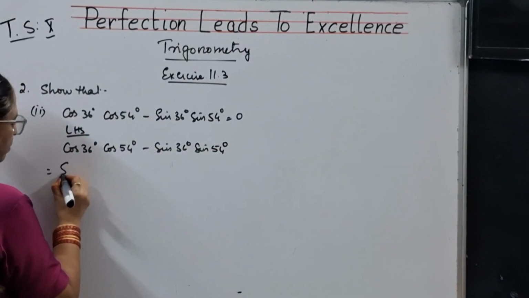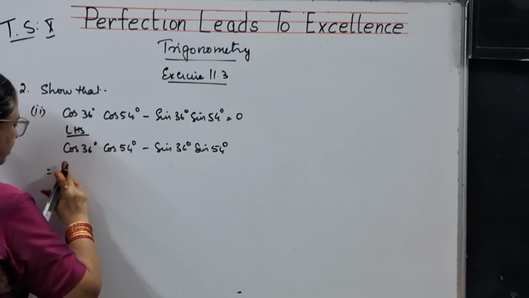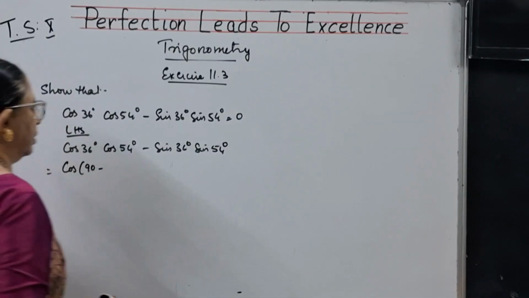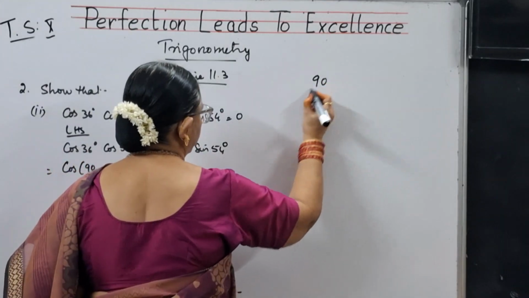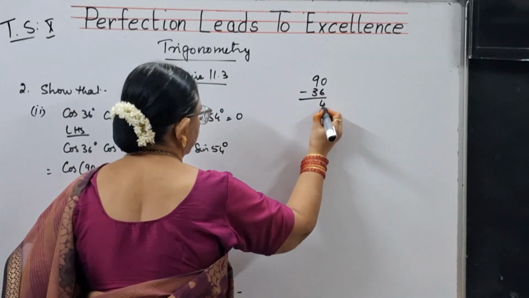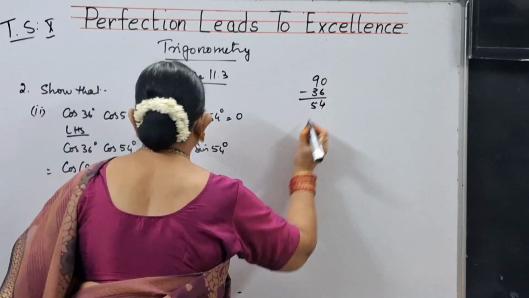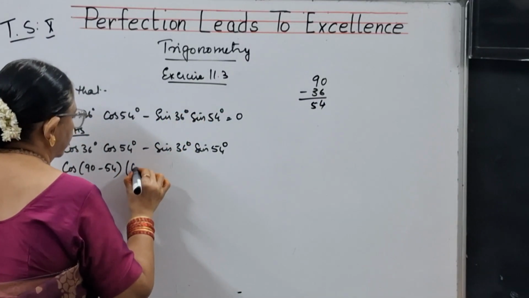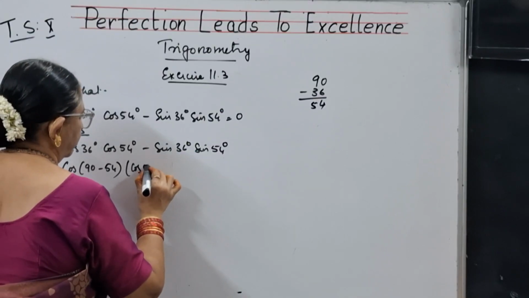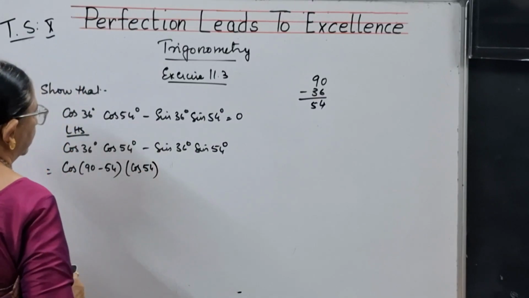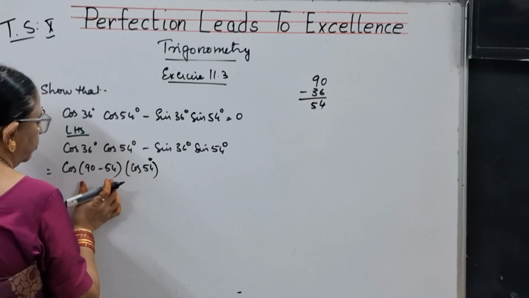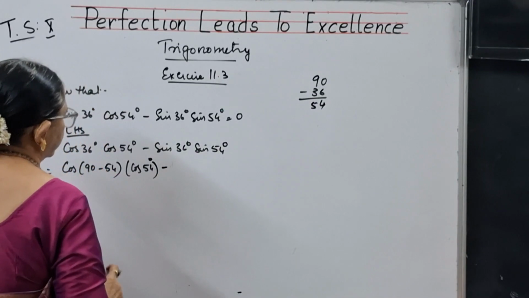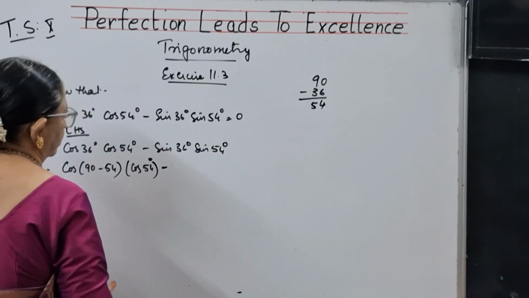So cos 36 degrees can be written as cos 90 minus 36. Subtracting 36 from 90, you are getting 54. So sin 54 degrees into cos 54 degrees. Okay, 54 I am not changing, only this I am changing. Minus sin 36 degrees.